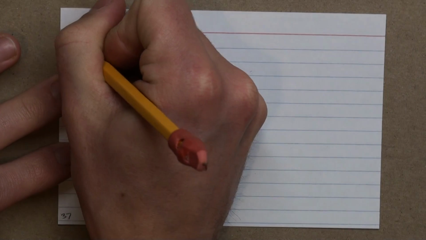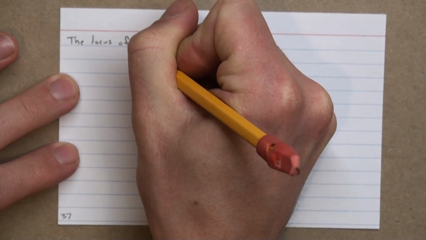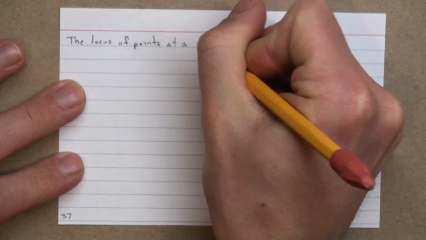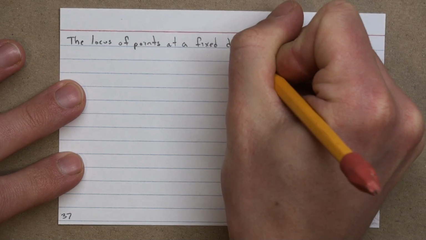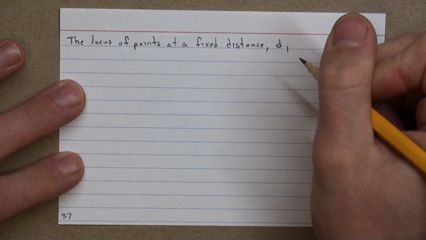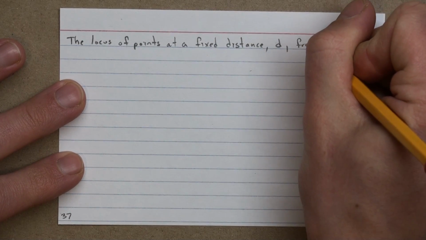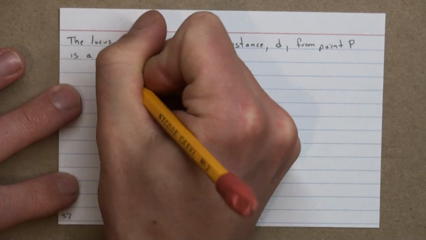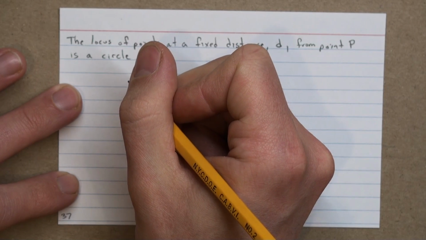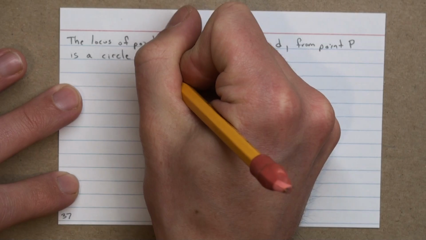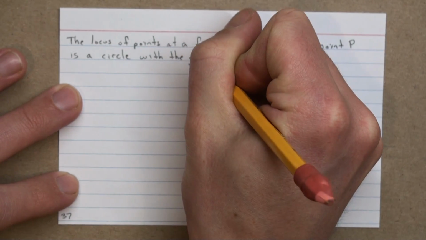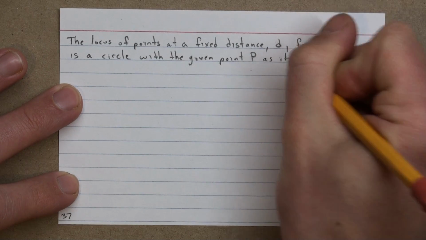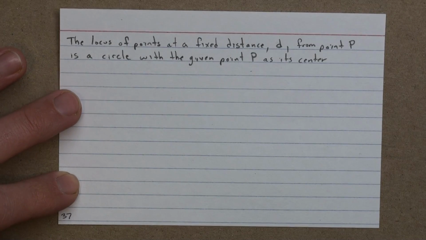The locus of points at a fixed distance D from point P is a circle with the given point P as its center and D as its radius.